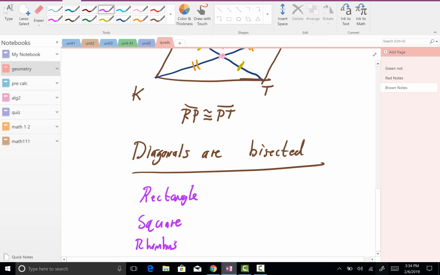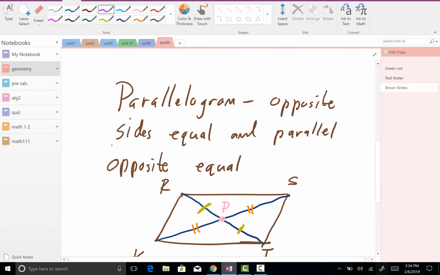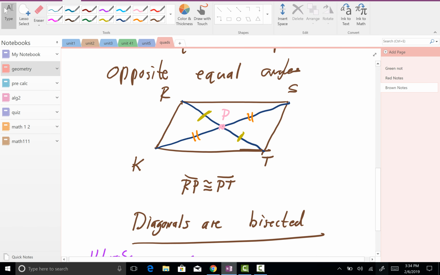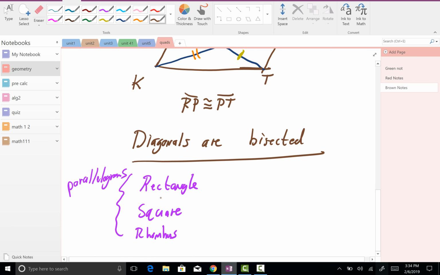Right? According to both classifications, these are parallelograms. All right? So, since these are parallelograms, they should have the same properties as we set up here. Opposite sides are equal and parallel, okay? Opposite angles are equal, I don't know why I didn't put the word angles in there. The diagonals here bisect each other, right? So that should also happen in these other three shapes.